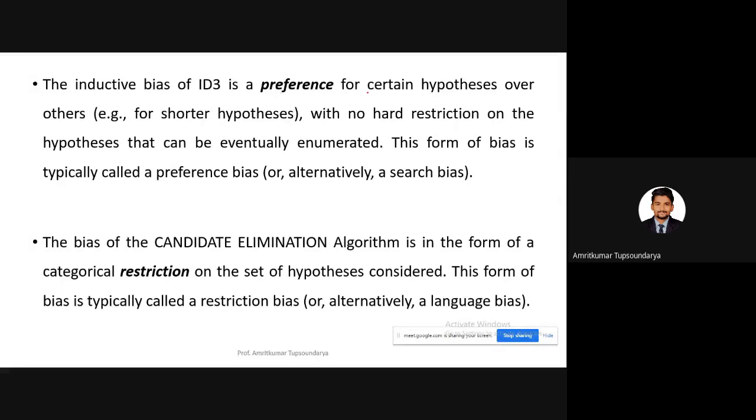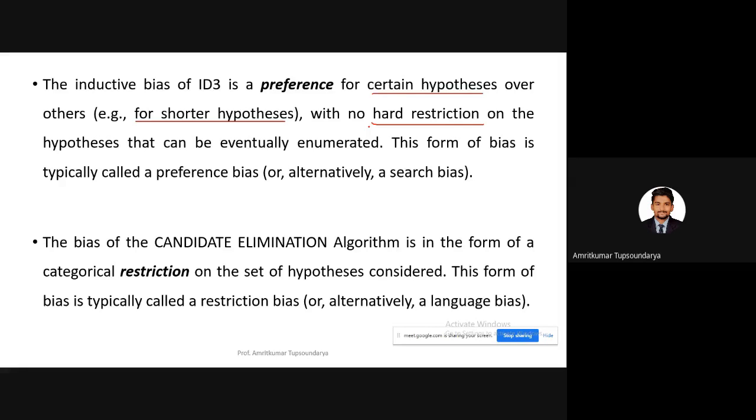It is the preference for certain hypotheses, for example, for shorter hypotheses, with no hard restrictions. There is no restriction.